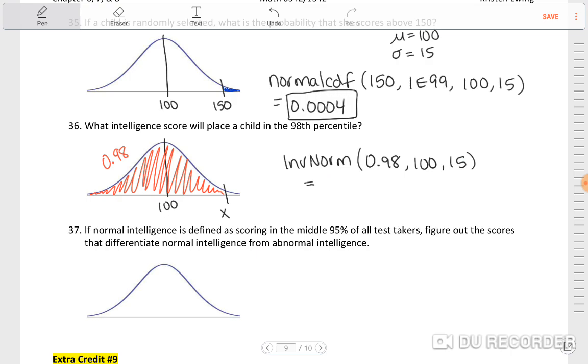So when we calculate that, we get 130.8. So to be in the 98th percentile, I would just go ahead and round this one up to 131, like normal. I would accept either 130 or 131. Either one of those would be fine. So make sure you can do the percentile. You'll have one like that as well.